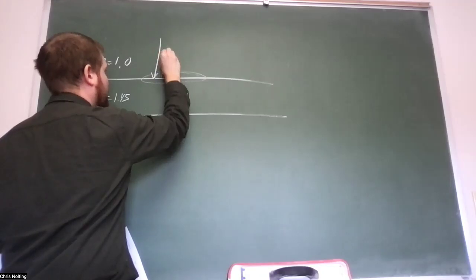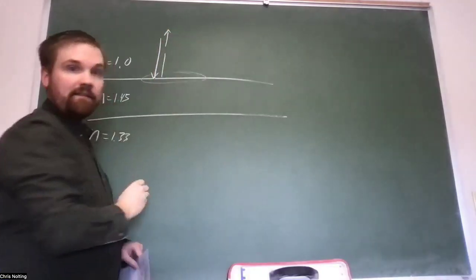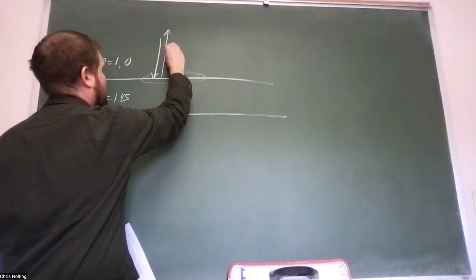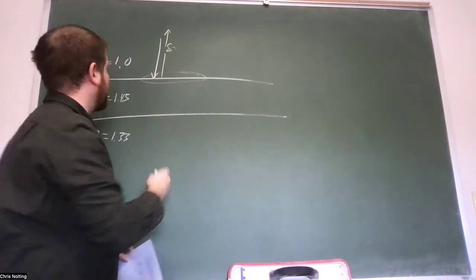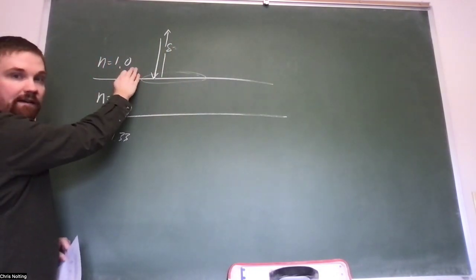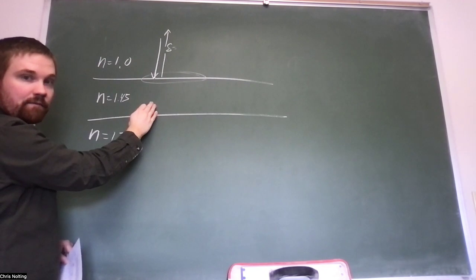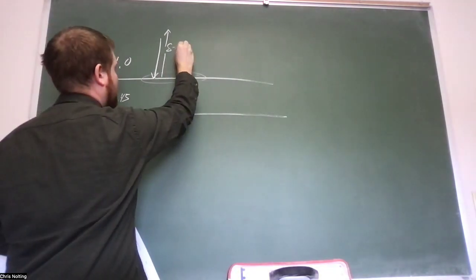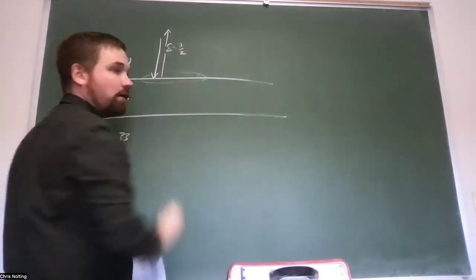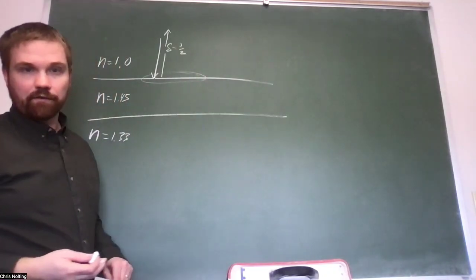Some of that light is going to reflect off, and that is going to have a phase shift because we're going from a low index of refraction to a high index of refraction. And so we would get a phase shift there equal to half of one wavelength.